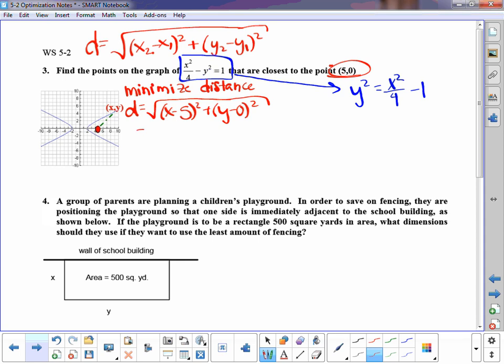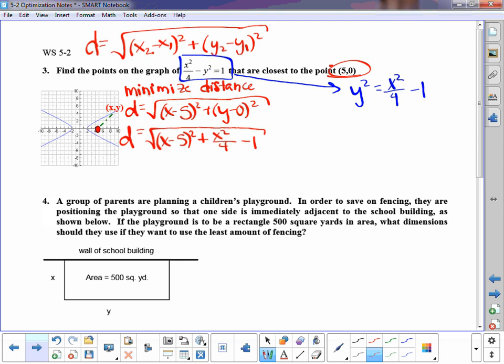Alright, so I have the square root of x minus 5 quantity squared, and then y squared is just x squared over 4 minus 1. Alright, so that is my distance that I want to minimize. Now it's all just in terms of x.